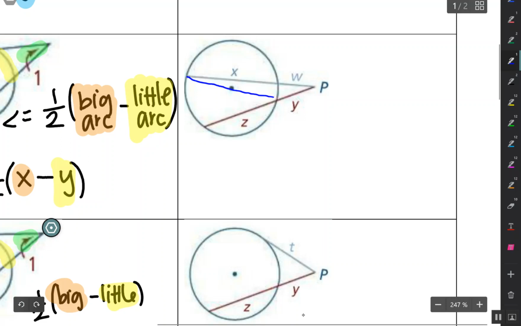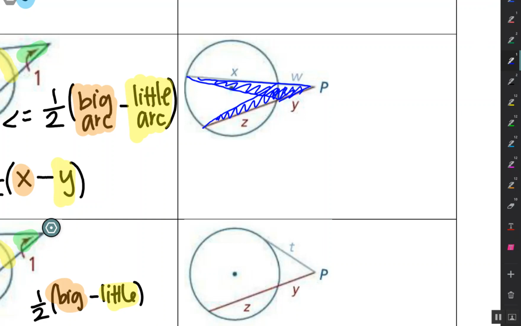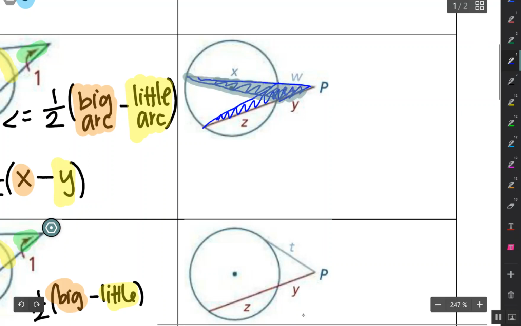If you draw this, that's supposed to be straight, it was terrible, you've got this triangle right here, and then you've got this other triangle over there. You can prove that those are similar, and then their sides are proportional. Okay, but I'm just going to keep it simple.